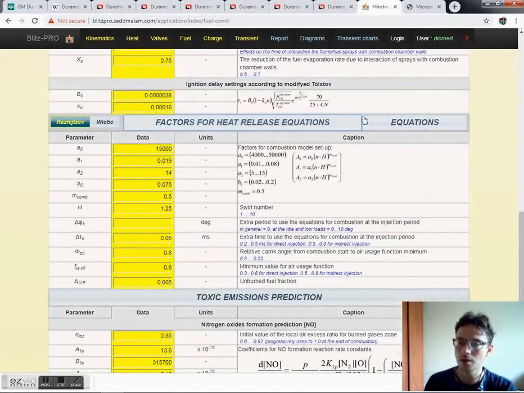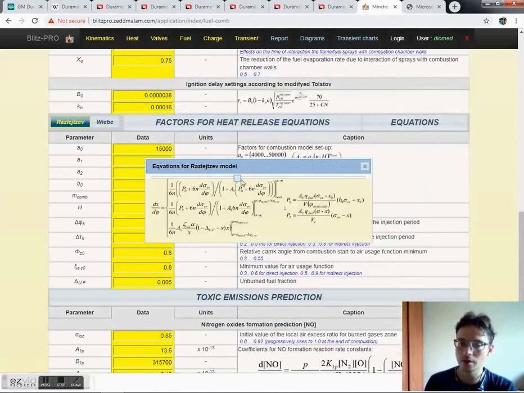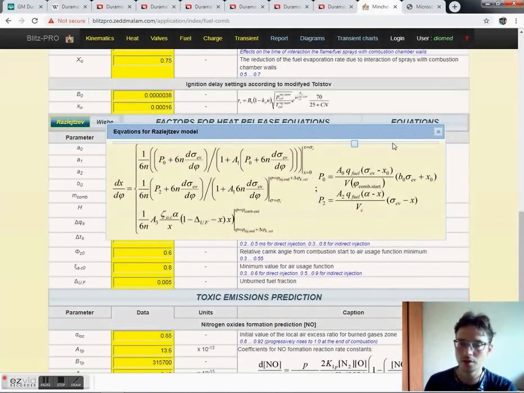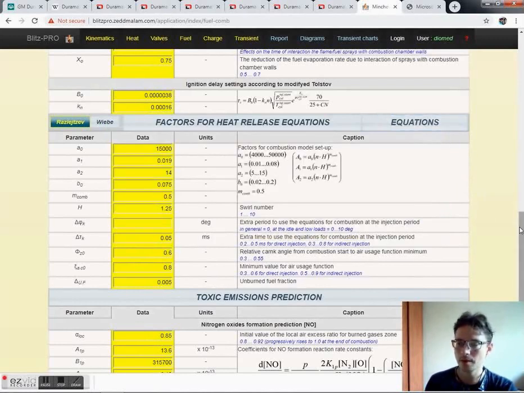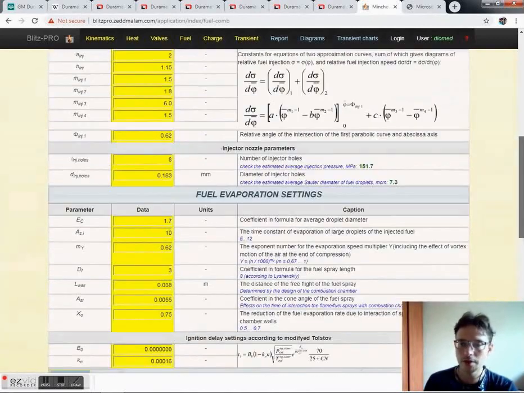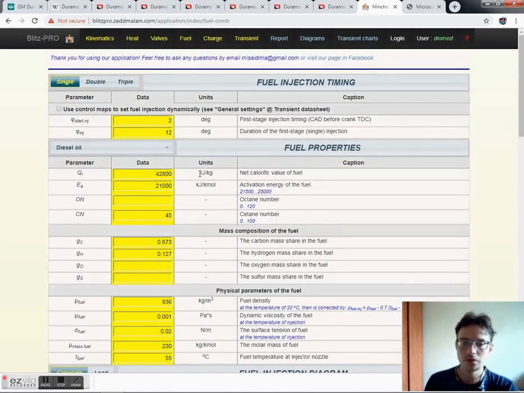The equations for the Razleitsev model are also presented here, and we can use them by pressing the button equations. So okay, now let's make the calculation for this setup and see what we get.